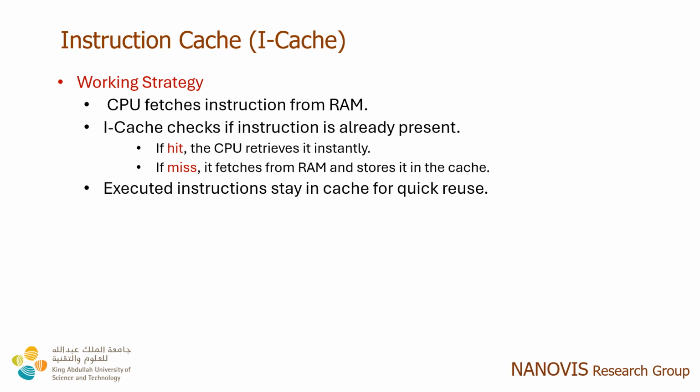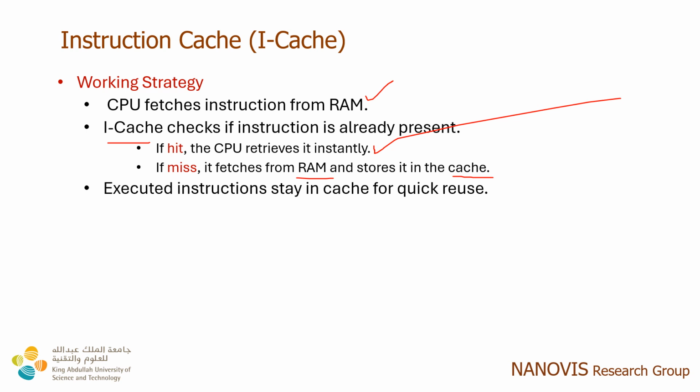The working mechanism is similar to the general working mechanism of a cache. When the CPU asks for some instructions from the RAM, the I cache first checks for them in the I cache, and if it is found there, it is given to the CPU. It's called a cache hit. But if the instruction doesn't exist in the cache, the I cache loads it from the main memory, and it is stored in the cache for future use.